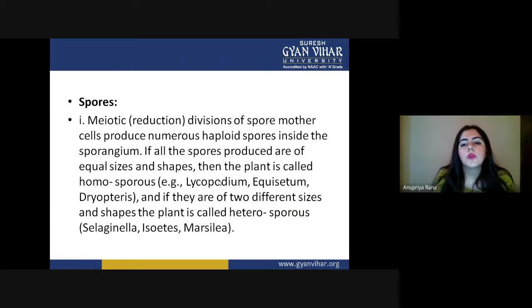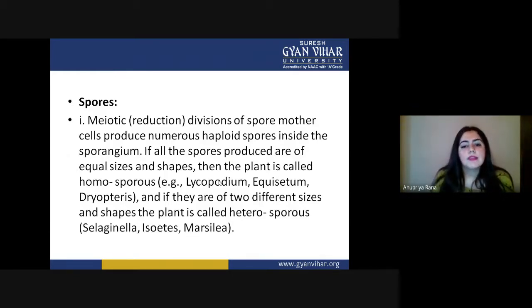If all the spores produced are of equal size and shape, then the plant is called homosporous. All the spores produced by the spore mother cell have equal size, equal shape, everything is equal, so we call that plant a homosporous plant. It means all its spores are the same kind.